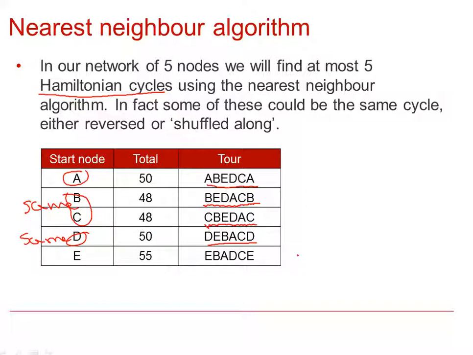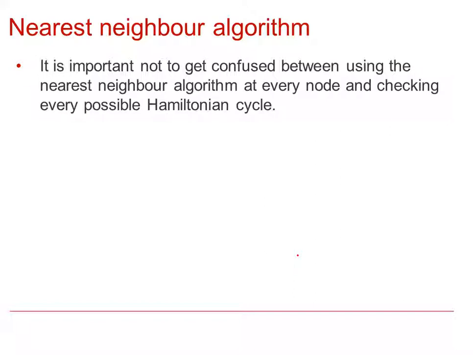So it's important to note that trying to look for Hamiltonian cycles and trying to find an upper bound using the nearest neighbour algorithm are 2 different questions. Don't get confused between the 2, and don't use a nearest neighbour algorithm at every node as a way of checking every possible Hamiltonian cycle, as this doesn't work.